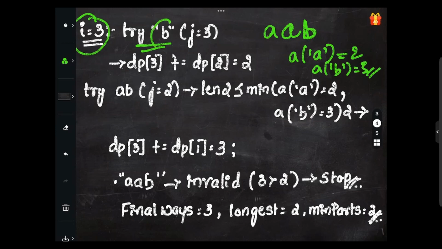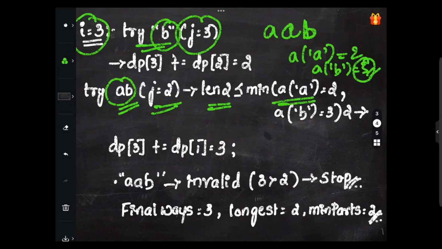So here we will be trying B, and j equals 3. Here a of b equals 3 I have considered. So we will try AB first, and j equals 2 because 1 a we are considering here. So here length 2 is less than or equal to min of a of a, which is 2 now, and a of b, which is 3.